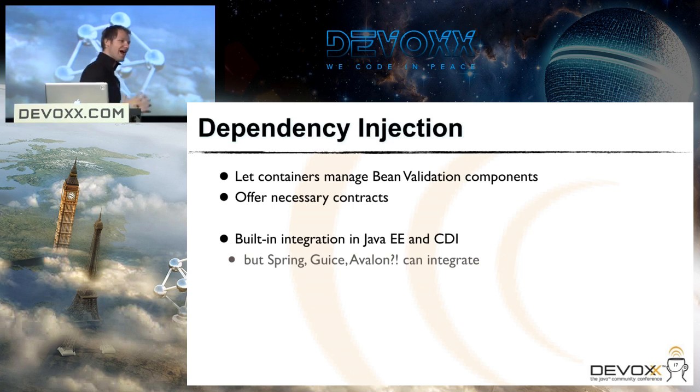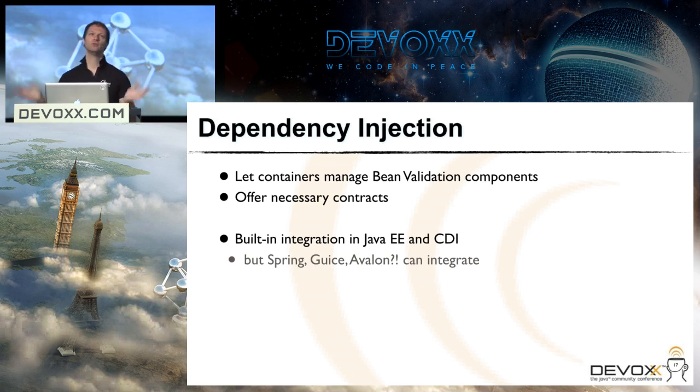So let's talk about actual features. The first big one we did is a much deeper integration with the container frameworks, and especially dependency injection frameworks. So Bean Validation has a few components that it manages the life cycles of. And the idea was to say, how about we delegate this life cycle to the actual dependency injection framework so that you could use all the goodies of your dependency injection framework and inject other beans and use that.